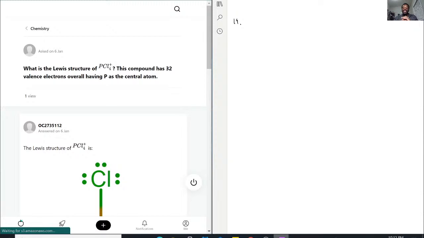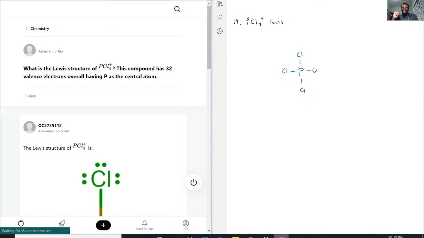And it has P as a central atom, so PCl4 plus Lewis. So as they said, phosphorus is a central atom, so we're going to put that there. And we have 1, 2, 3, 4. Okay? It's going to be chlorine, chlorine, chlorine, chlorine. And now we're going to go ahead and fill in the electrons.